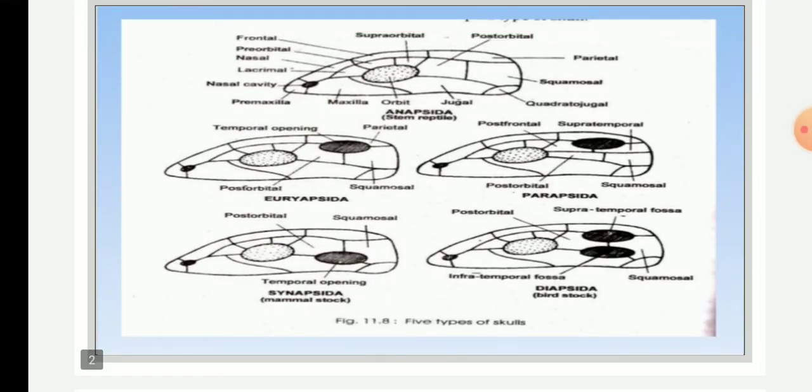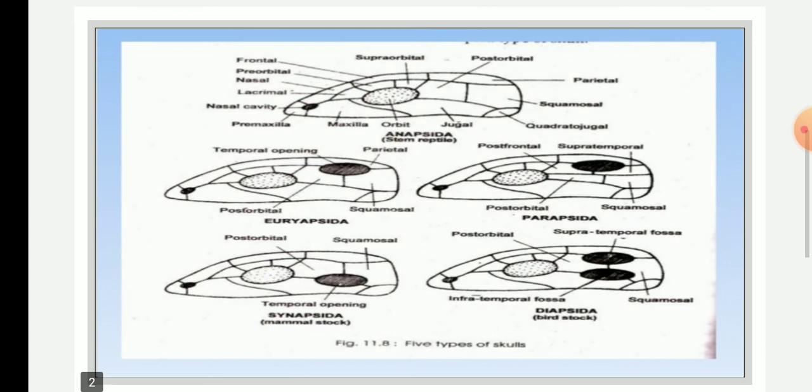Quickly we will revise. Class Reptilia shows 5 different types of skull: Anapsida, Euryapsida, Parapsida, Synapsida and Diapsida. Anapsida is called the stem reptiles because from this type of skull all the other skulls have originated.